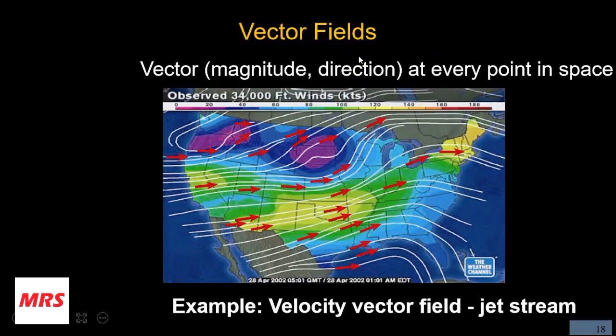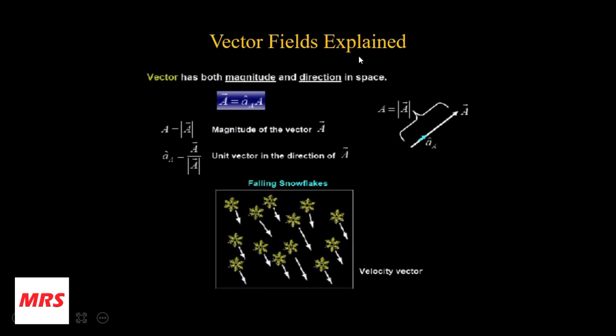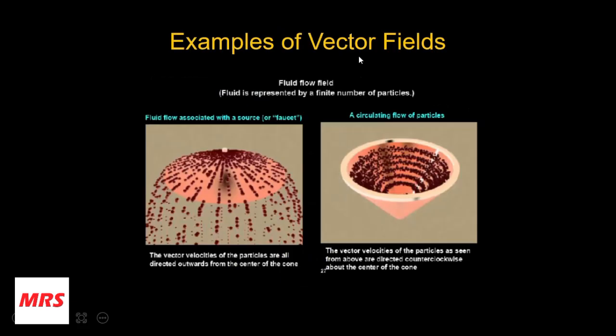Vector fields. Vector indicates magnitude as well as direction at every point in space. Now if you see the examples, velocity vector field, jet stream, vector fields have both magnitude and direction in space. It is denoted by a bar. Examples where vector fields are fluid flow field.